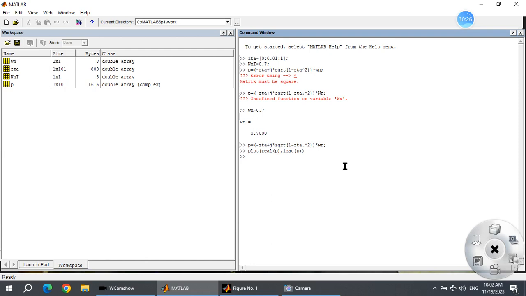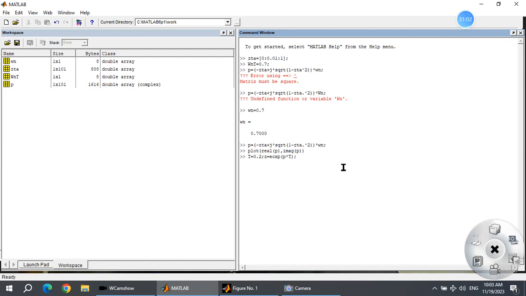Okay, and now let z equal the exponential of P times T. I need a T. Whatever T equal to, like 0.2, for example, so every second I choose 5 samples like this.